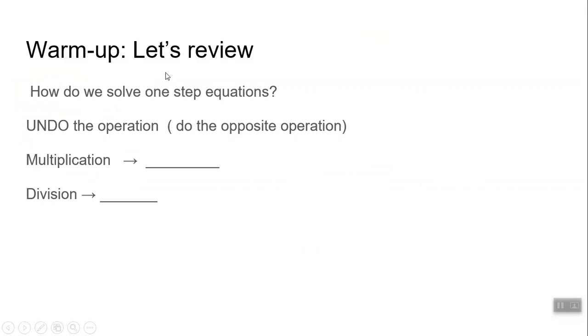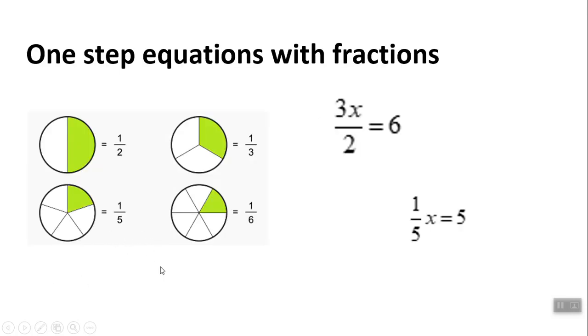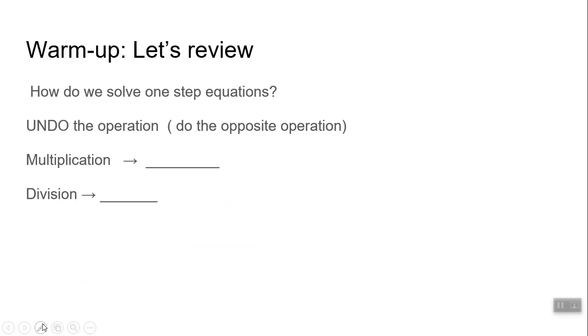As a warm-up, let's review one-step equations with multiplication and division. How do we solve one-step equations? You have to undo the operation, which means you do the opposite operation. If it's multiplication, you have to divide.